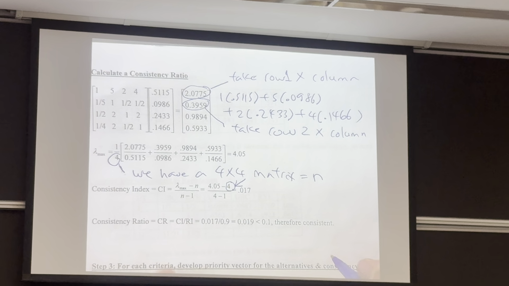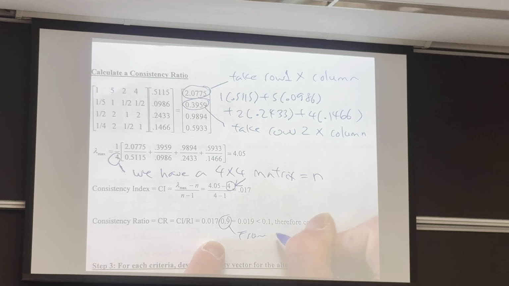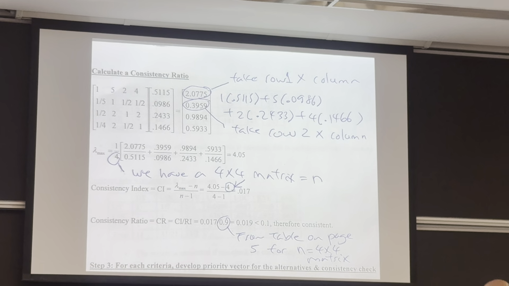Okay. So this is from the table on page 5 for n equals 4x4 matrix. And so our consistency ratio is less than 0.1, so therefore Jane's comparisons are consistent.